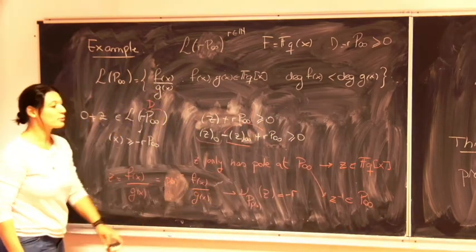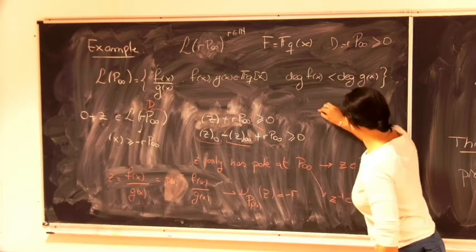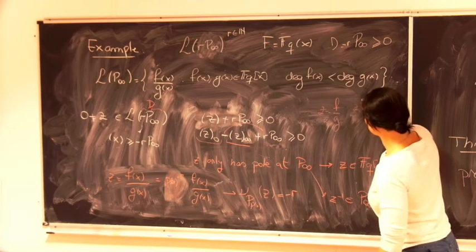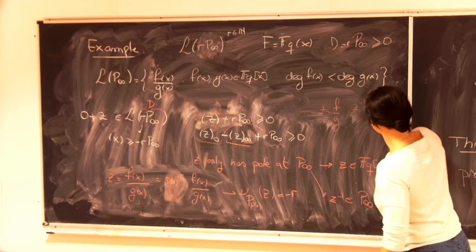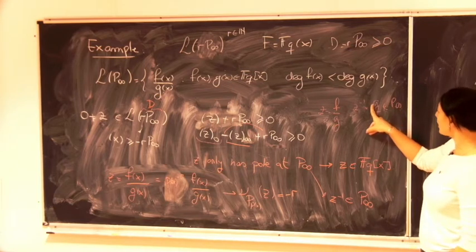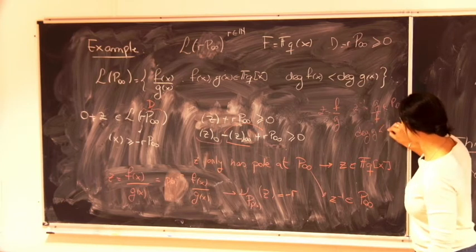And if Z minus 1 belongs to P infinity, that's saying that if Z is f over g, then Z minus 1, which is g over f, belongs to P infinity, and that means that the degree of g has to be less than the degree of f.